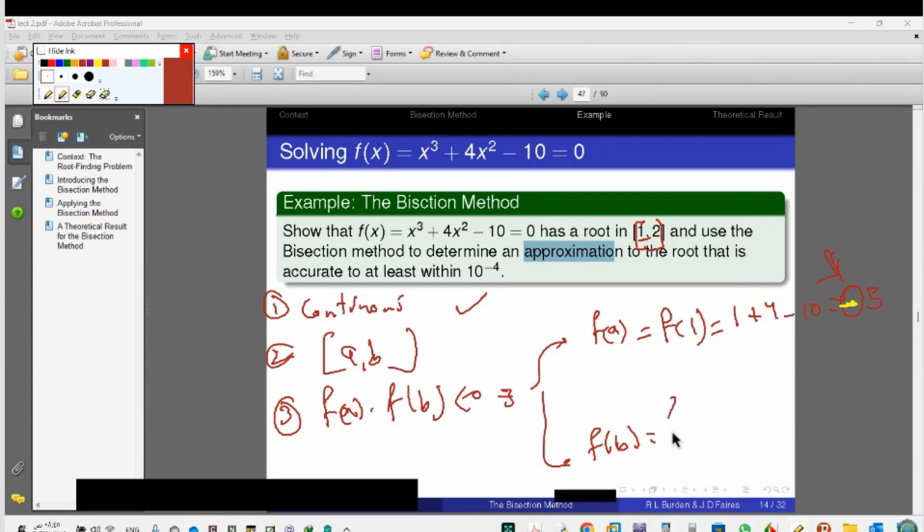Now B is 2, so F(2) is 8 plus 4 times 4 minus 10. 2 exponential 4, 4 with 4 is 16, 8 and 16 is 24, minus 10 is 14. And the sign here is positive. So I have negative with positive. In this case, yes, I can use this method. Is it clear for you?